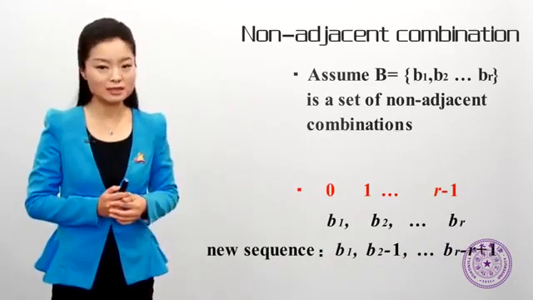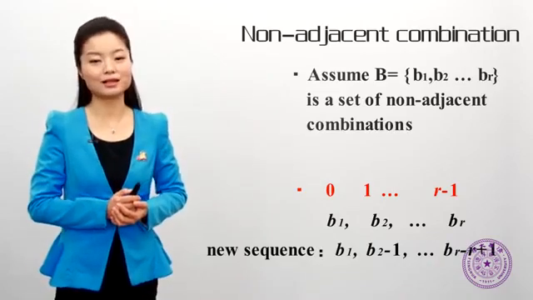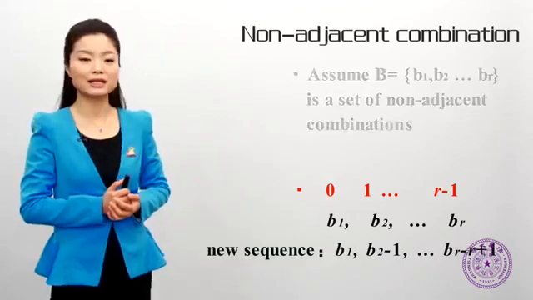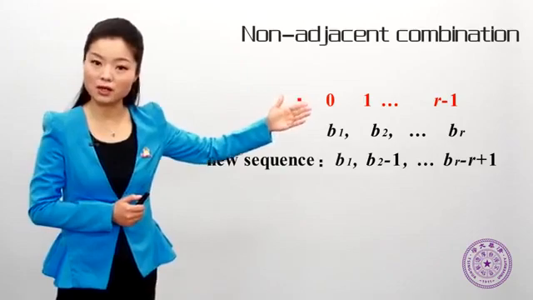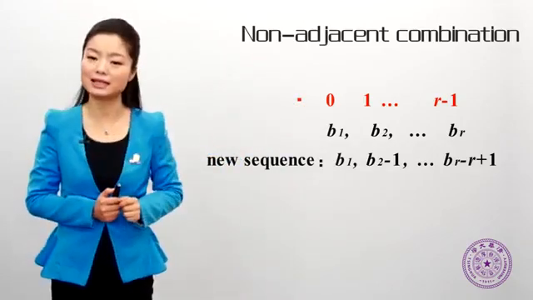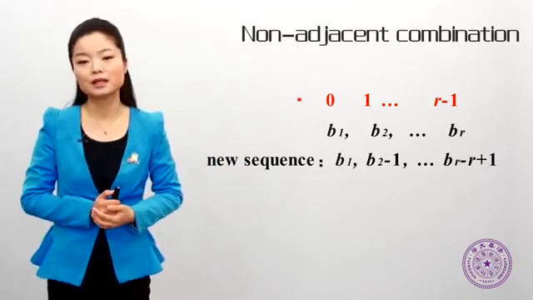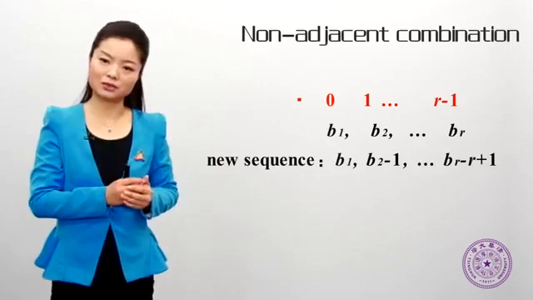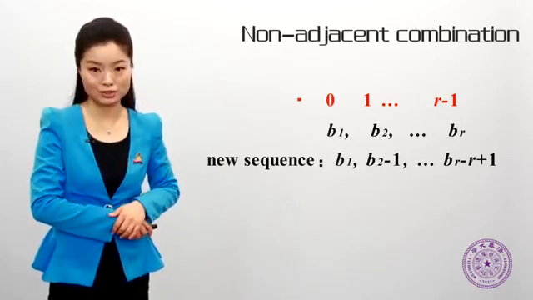According to the previous analysis, we subtract the indexes from the numbers. So we construct a new sequence which is B1, B2 minus 1, until the last number BR minus its index, which is BR minus R plus 1. How many numbers are there in this new sequence? Of course, there are also R numbers.